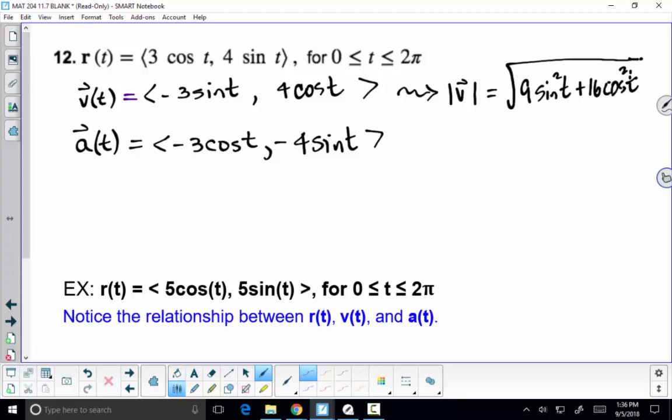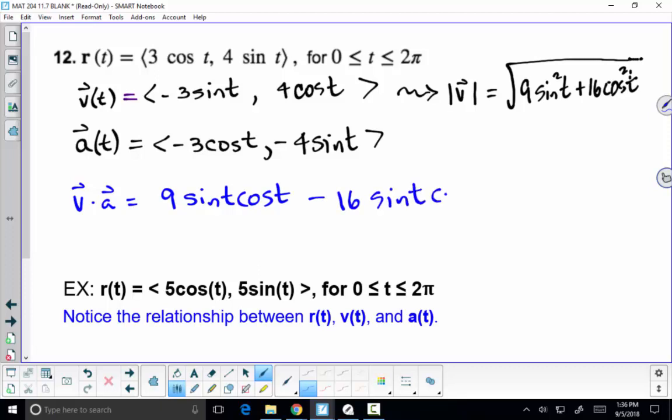So if we dotted these two together, which we can do very easily, if we did v dot a, we would get 3 times 3 is 9, sine, cosine. And just to be clear, this is a function, because it depends on where we are on the curve. If we plug in pi over 4, we could say that at pi over 4, the acceleration and the velocity have an acute angle.